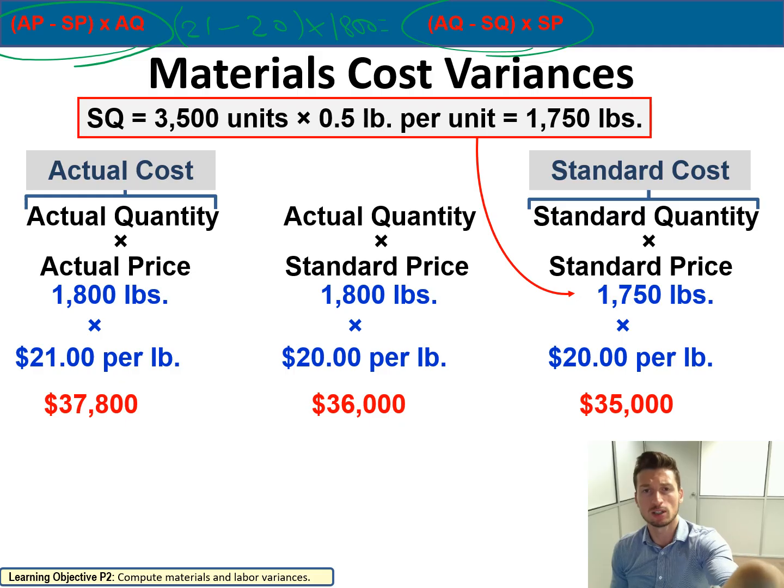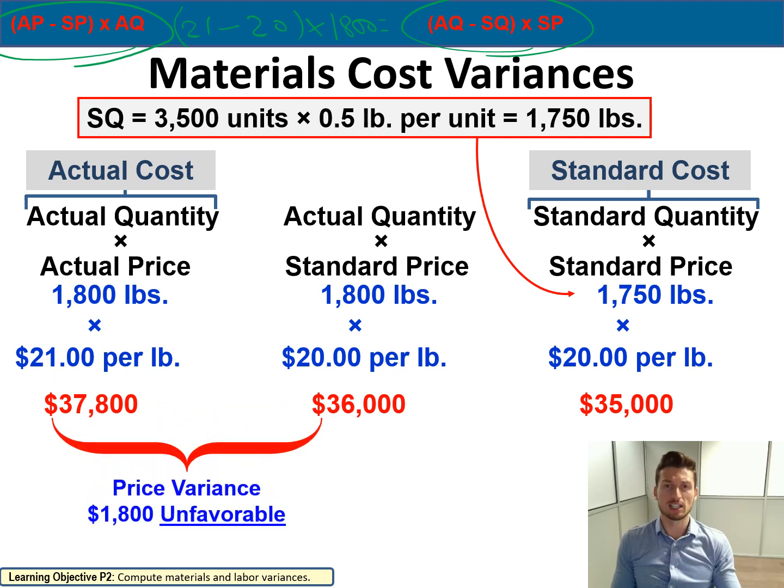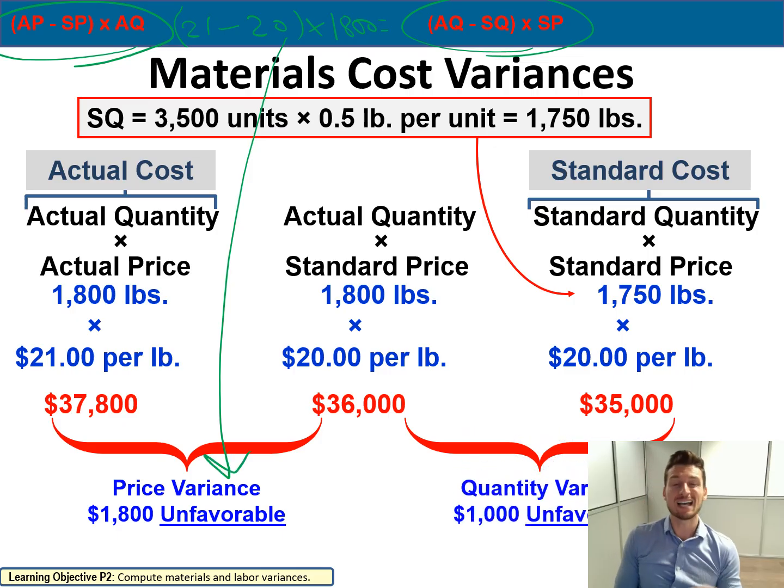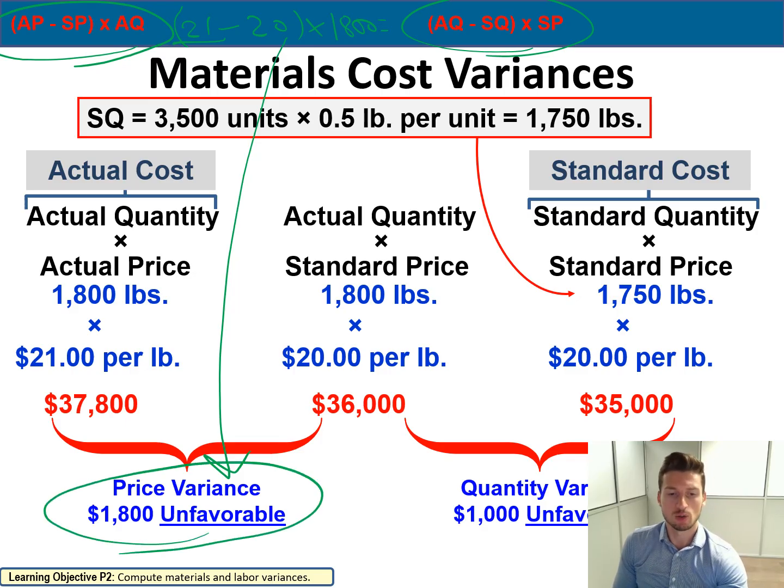If I subtract 20 from 21, it's 1. 1 times 1,800 is 1,800, which is the result here. Why is it unfavorable? Because your actual cost is more than your standard cost. It means you spent more money than you were supposed to. That's why you have a price variance of 1,800 unfavorable.